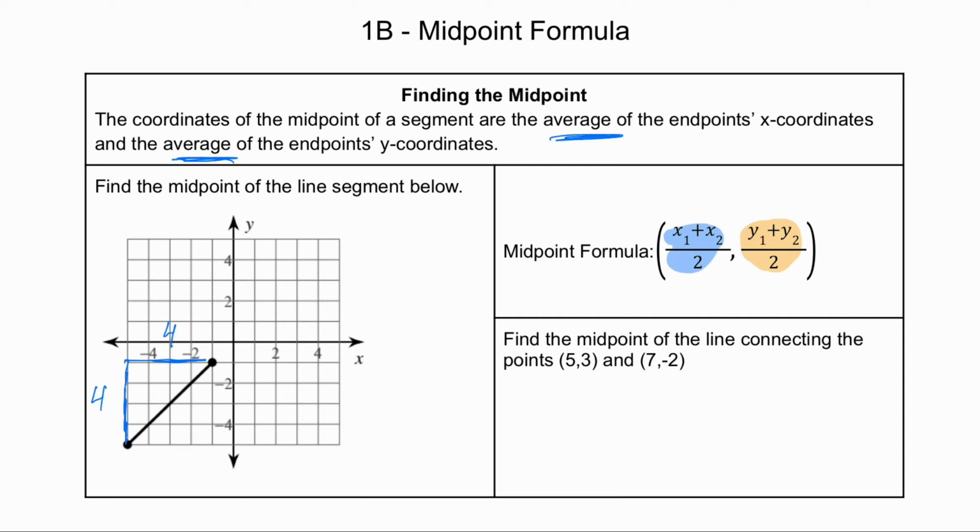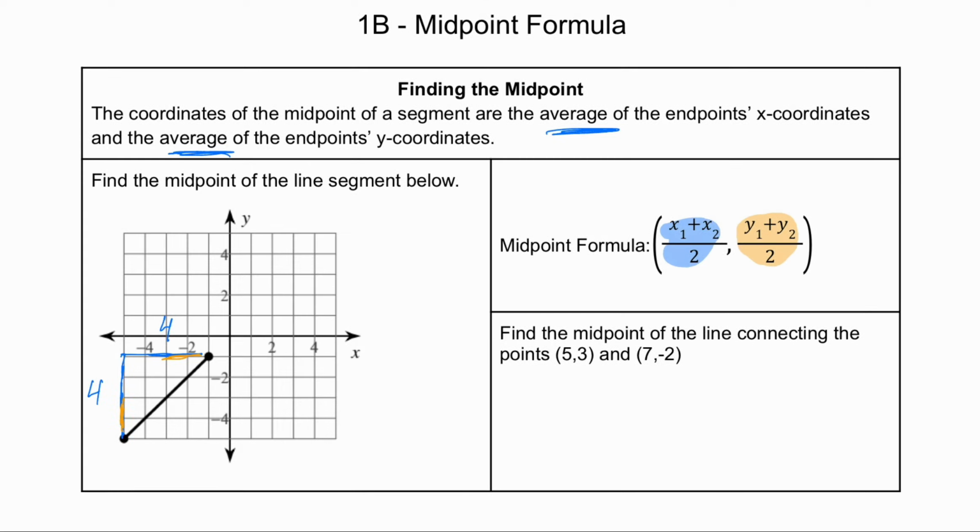So what we're going to do graphically is instead of counting 4 up, we'll go 2 up, and then we'll come 2 over, and we'll see where they meet. And these both meet right here at this coordinate point. And if we look at that coordinate point on our grid, it's going to be -3, comma, -3, right? So the midpoint is -3, comma, -3 for this first problem.